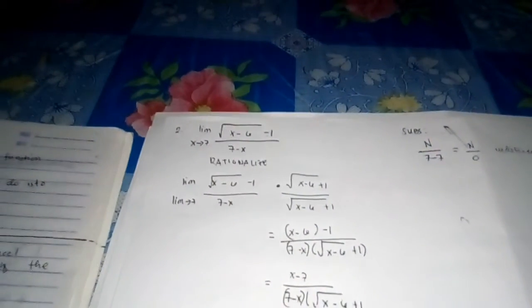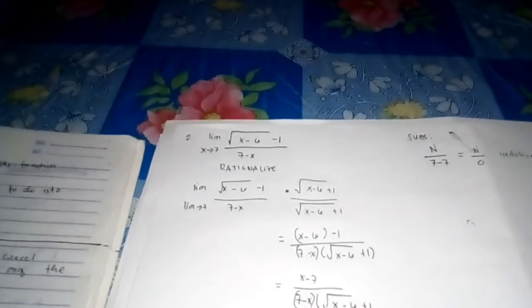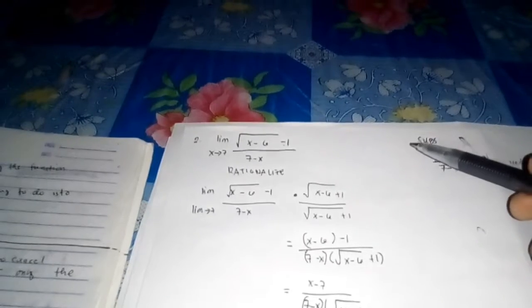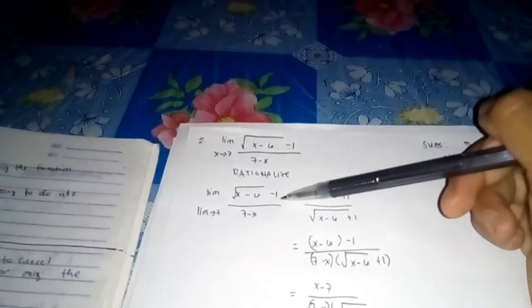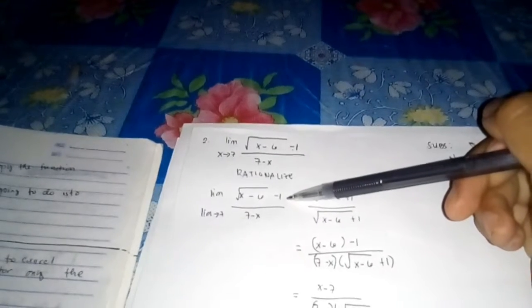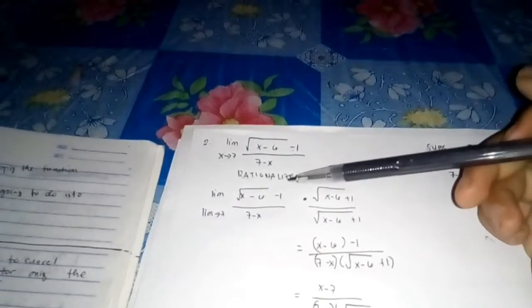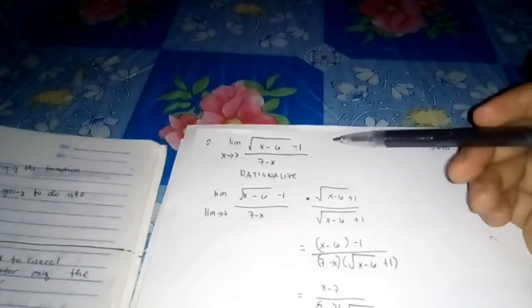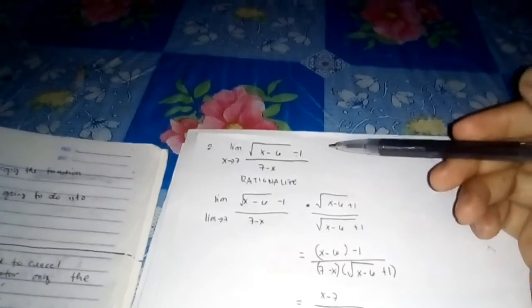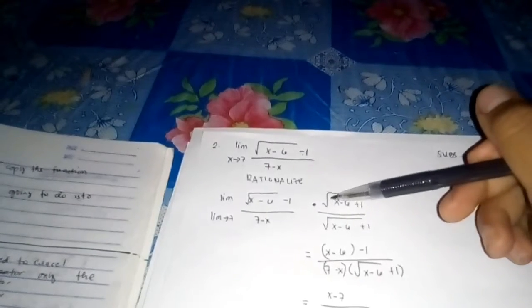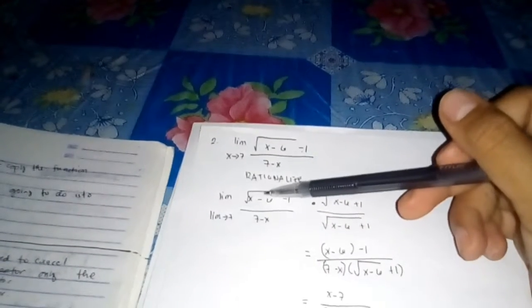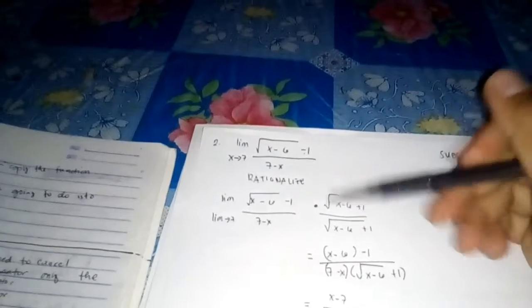When rationalizing, it is not limited, you can rationalize the denominator as well as the numerator. So the numerator, by multiplying by the conjugate of the numerator. So this is the conjugate. The conjugate is the square root of x minus 6.